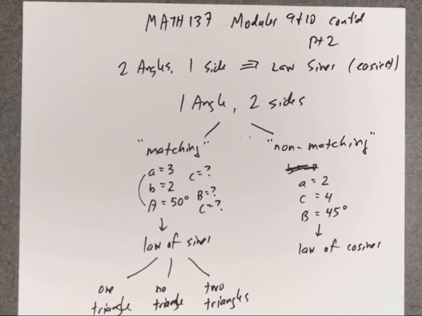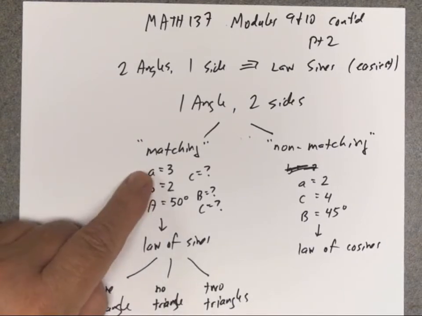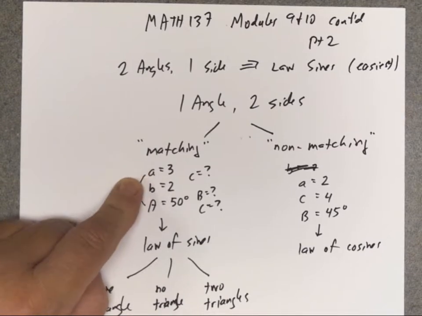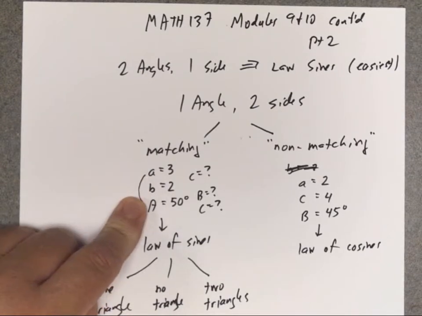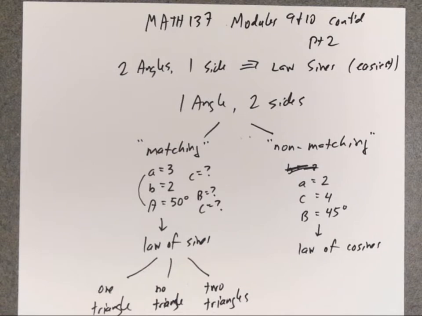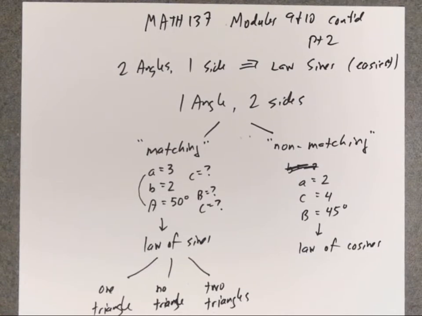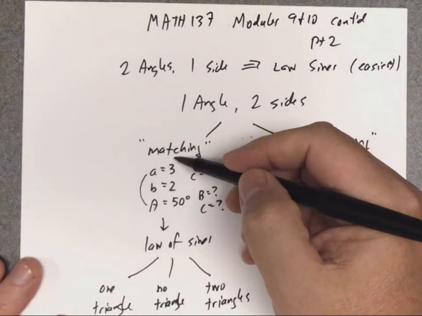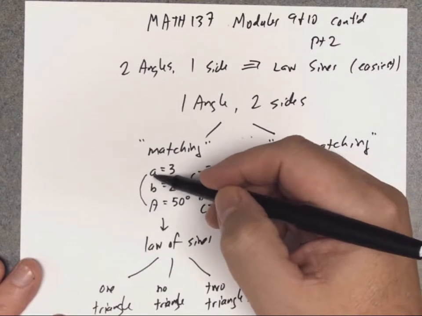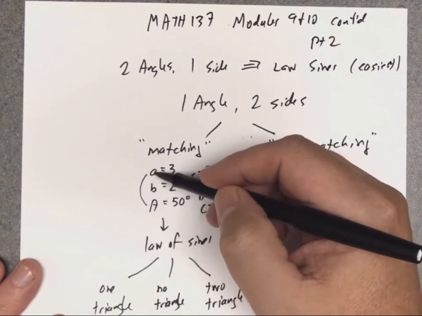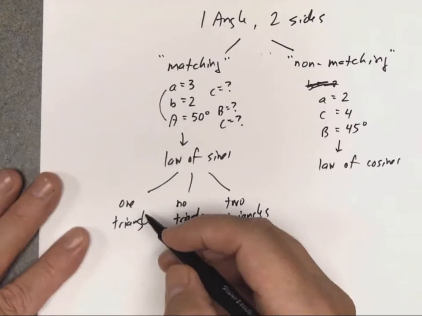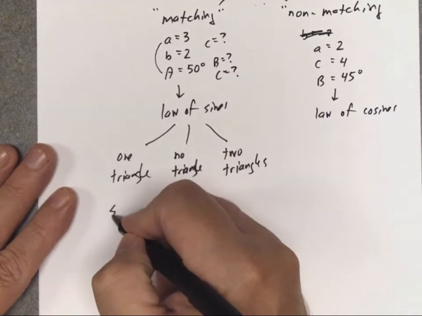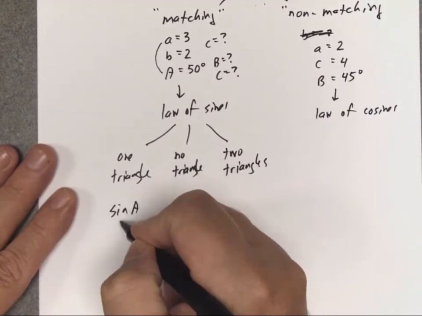So let's use this example right here. Side A is 3, side B is 2, angle A is 50. Because it's matching, I'm going to use the law of sines, and you notice here I have A and B, so hopefully it's obvious.